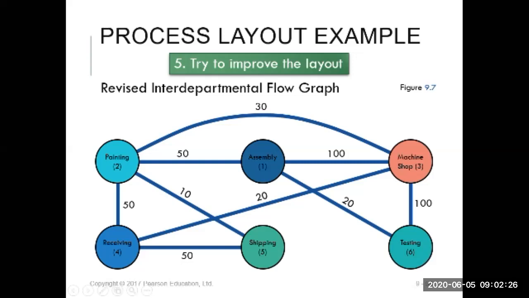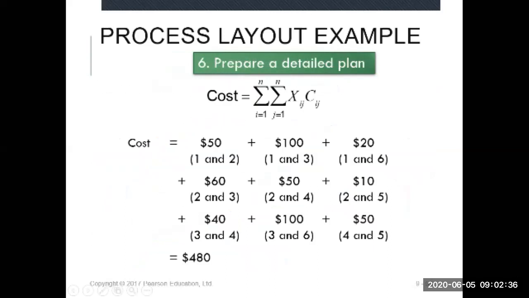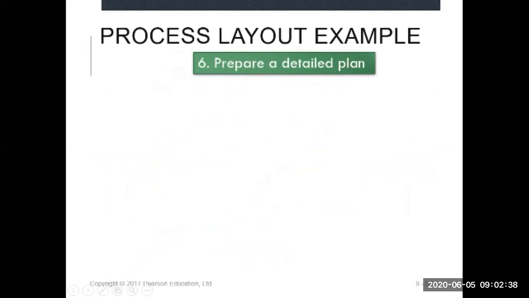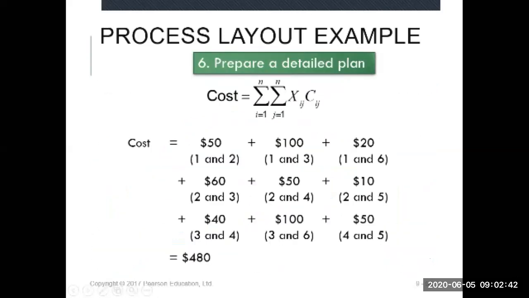If we move assembly here and painting here, we recalculate the total cost. Now the total material handling cost after we move assembly near to the machine shop is 480.